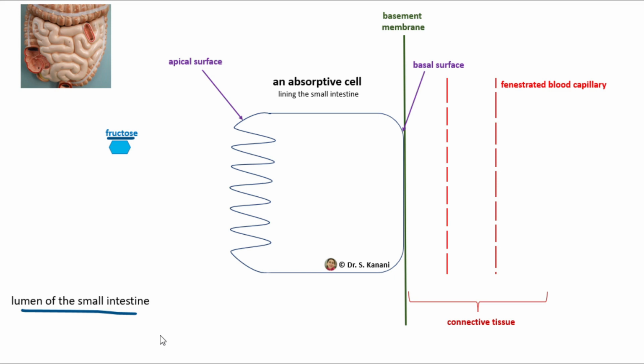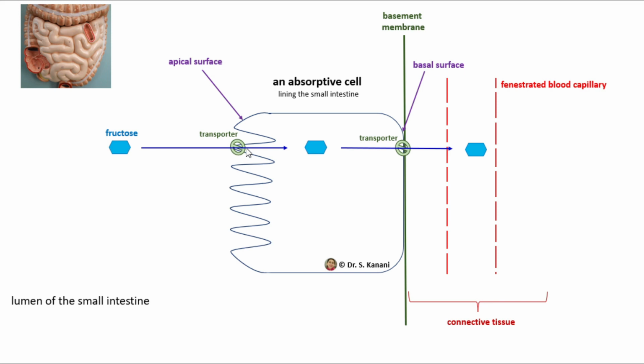To absorb fructose, when we analyze the apical surface and the basal surface of the absorptive cell, we notice in both surfaces we have some proteins that are capable of transporting fructose. We name these proteins transporters.